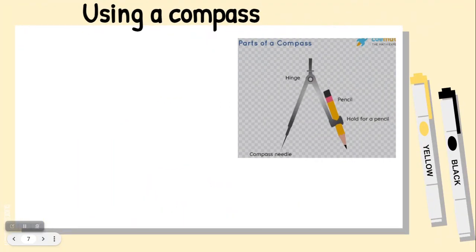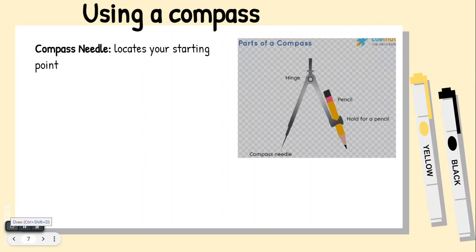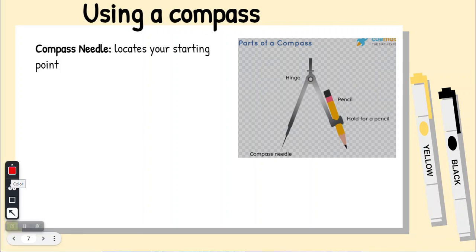Using a compass, like we said, this type of compass that we're going to be looking at has two legs. This leg here is the one with a needle, and this leg is going to have a pencil. When we use the leg with the needle, that locates our starting point of where we will be drawing our construction and measuring a distance.